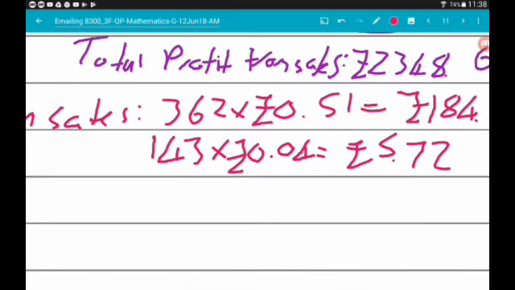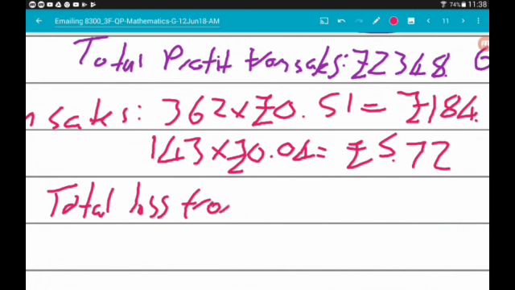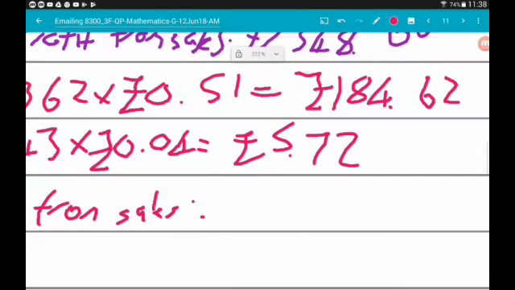So now we can work out our total loss from sales by adding those two numbers together. So we get £190.34p.